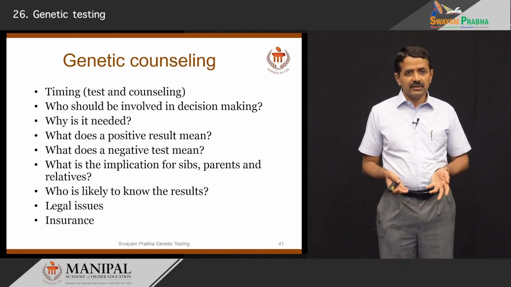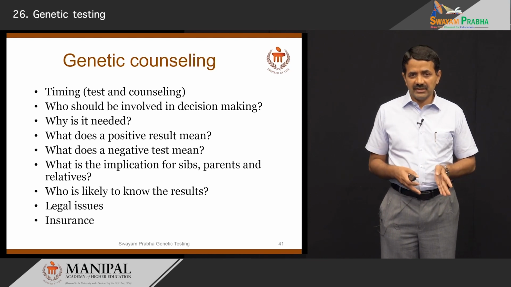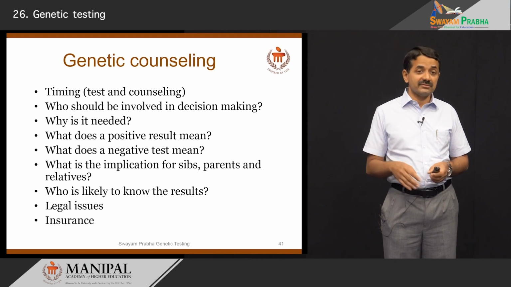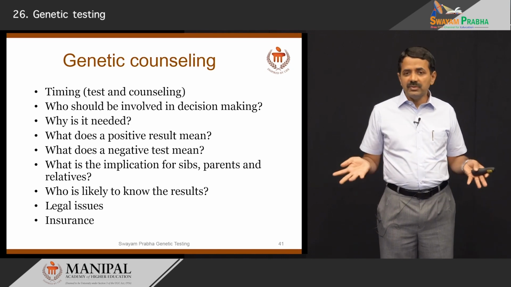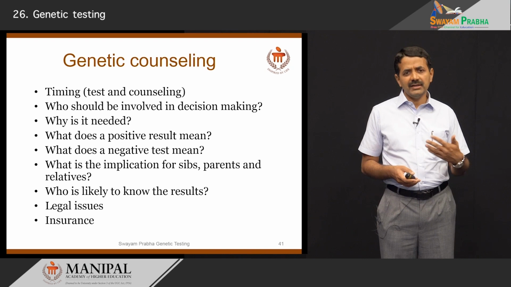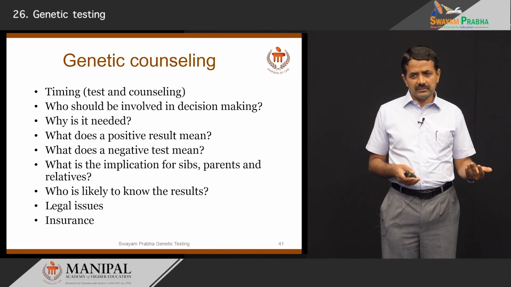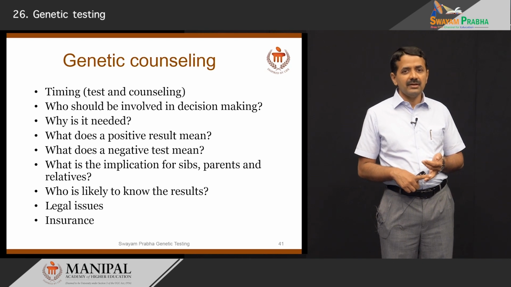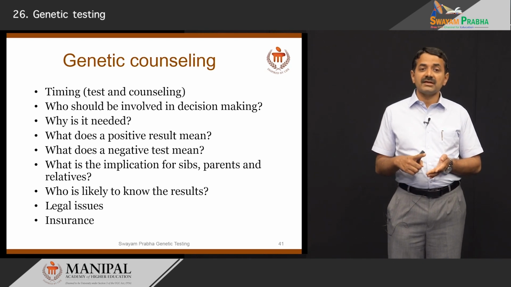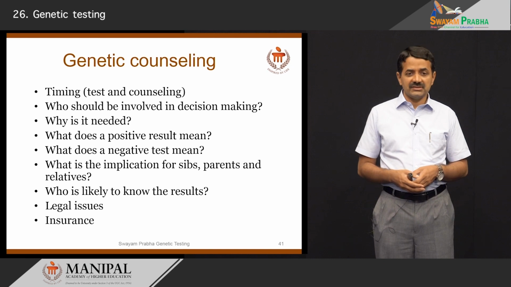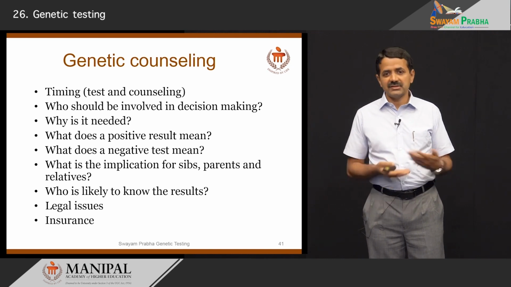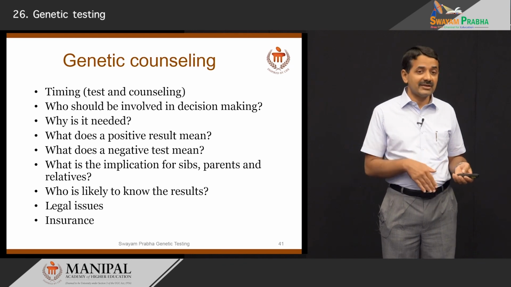It should be timed well, the test should be explained, counseling should be done before the test is done, and post-test counseling may be necessary. Who should be involved in the decision making? We need to highlight whether it is carrier testing or testing of asymptomatic children, who makes the decision, who takes the consent, why the particular test is needed, what is the meaning of a positive test, and what is the implication of a negative test.